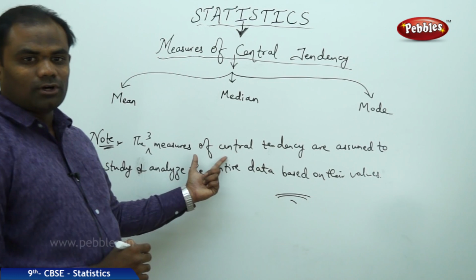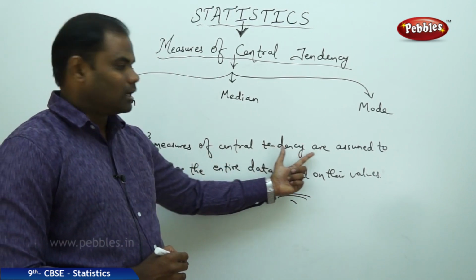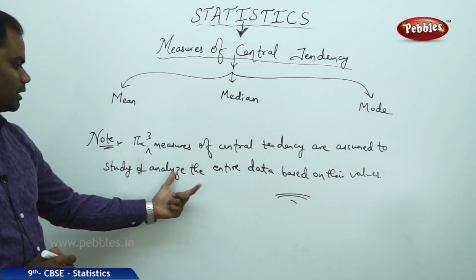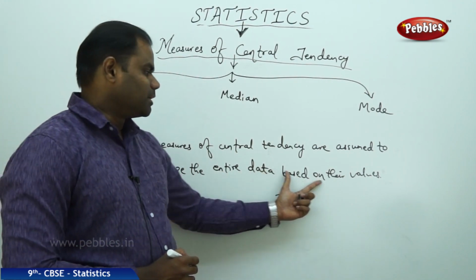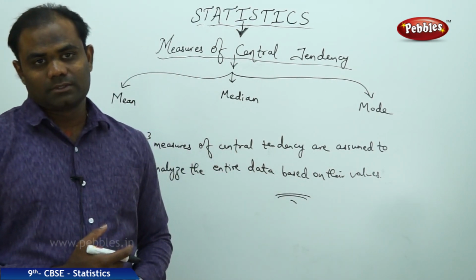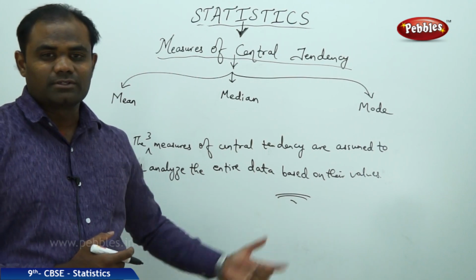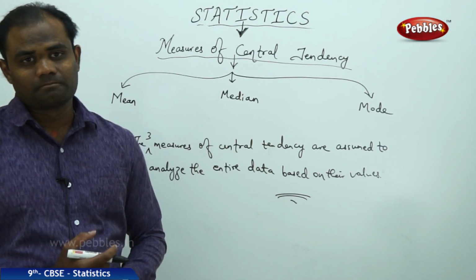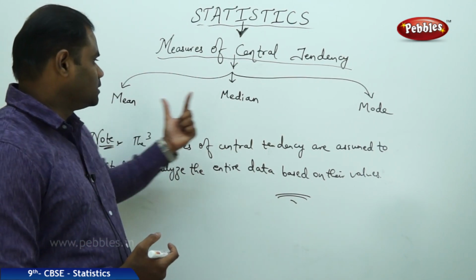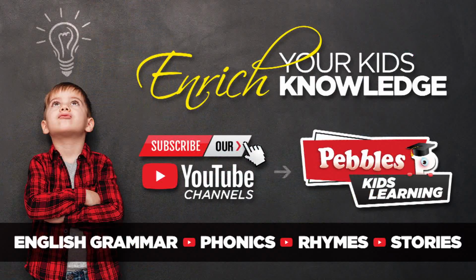The three measures of central tendency are assumed to study and analyze the entire data based on their values. So this is one of the significances of measures of central tendency. Let's see in brief mean, median, and mode.